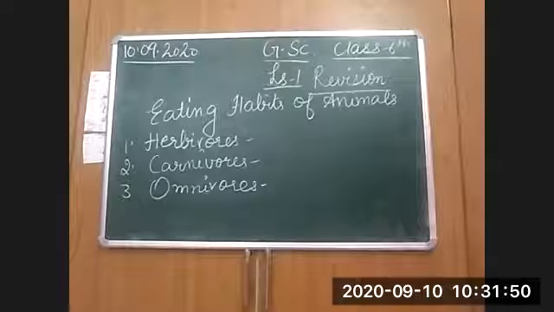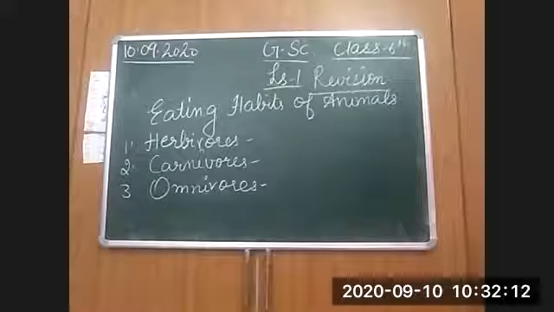Then come to the last category, that is omnivores. In this case, the animals eat both plants as well as animals, right? It includes human beings, bears, pigs, and crows also, right?